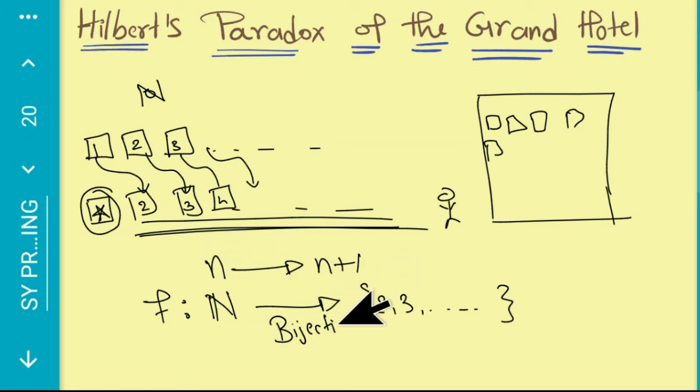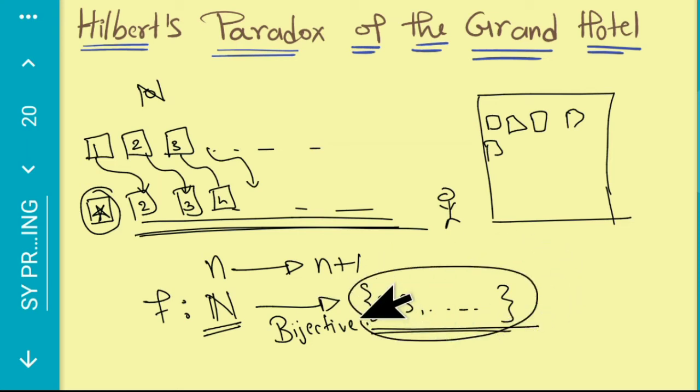That means the set of all natural numbers and this set have the same cardinality. This is a proper subset of it, but still it has a bijection with N. This is possible only for an infinite set. You cannot have a bijection with a proper subset of a finite set.